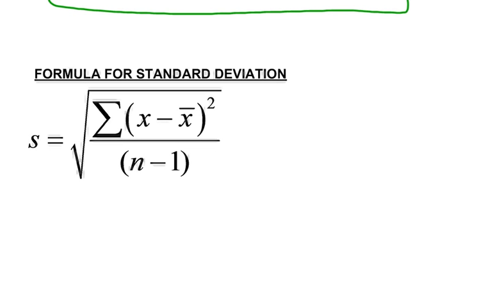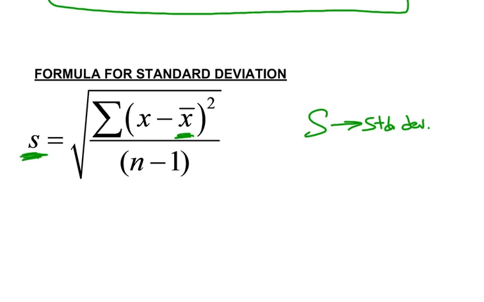You'll remember that X bar represents the mean, and it's the mean of a sample set. S, of course, since this is the formula for standard deviation, S is the same as standard deviation. I'll just abbreviate it like that, but S is the symbol that we use for that.